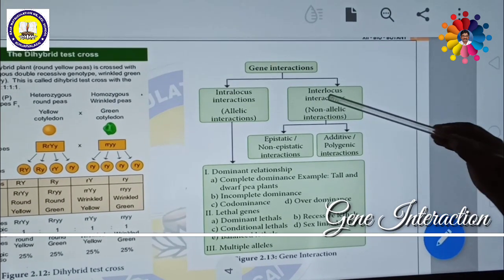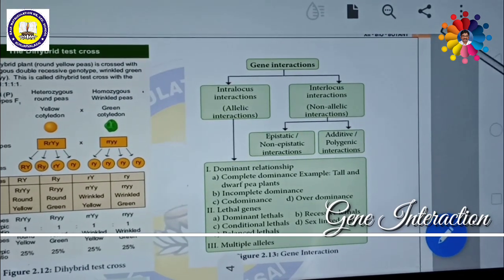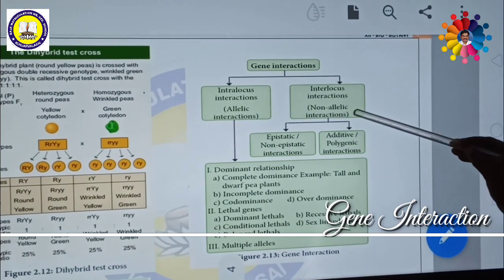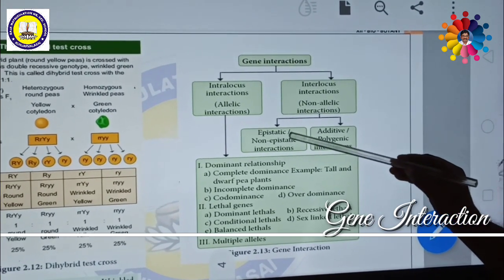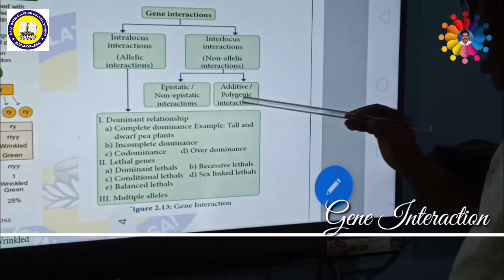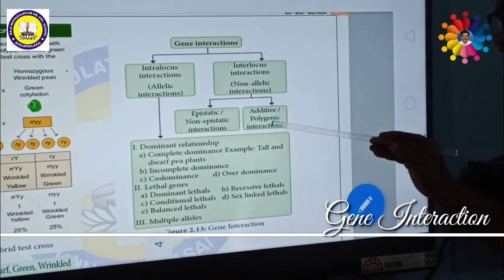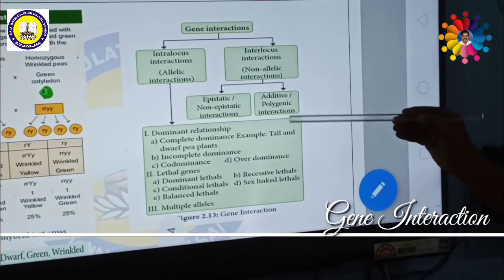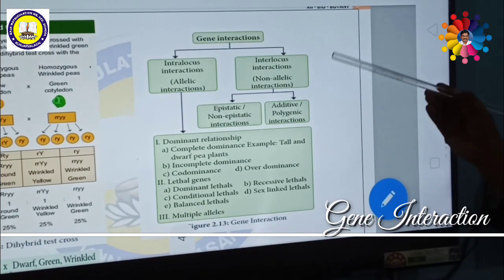Next one is called interlocus or intergenic interaction. These are also called non-allelic interaction. One is epistatic interaction or non-epistatic interaction. Another one is additive or polygenic interaction. Poly means many, genic means genes. So many genes simultaneously interact for a single phenotype.